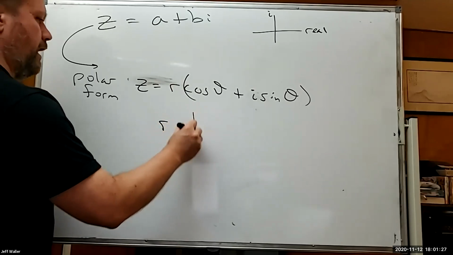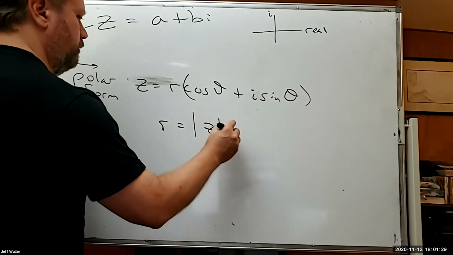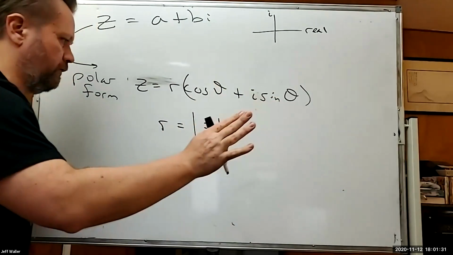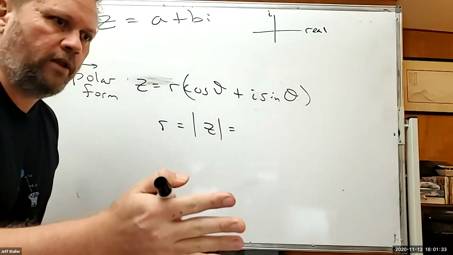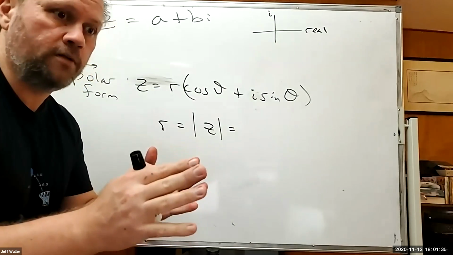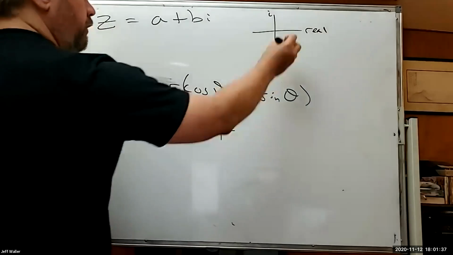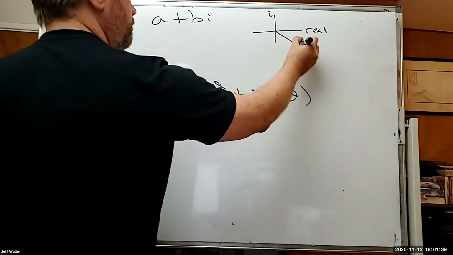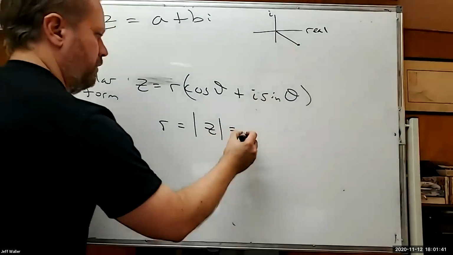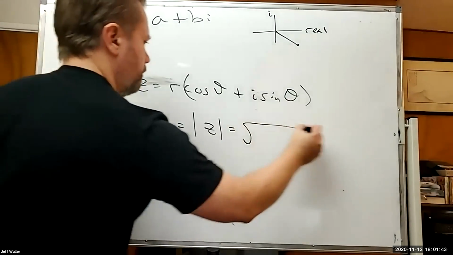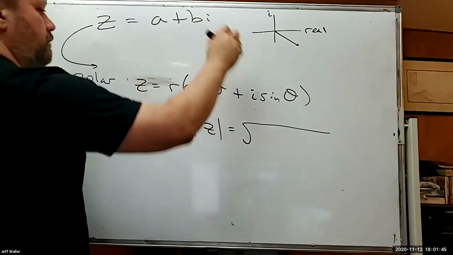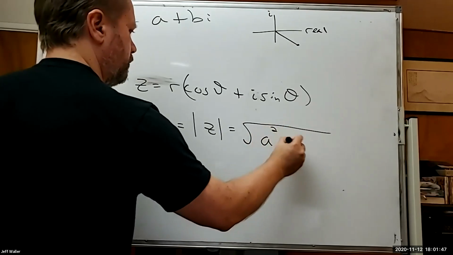R was the absolute value of Z, which is the same as the absolute value of anything: how far away from zero, from the origin, is it? That's just the good old distance formula. If I have A and B, it'll be the square root of A squared plus B squared.